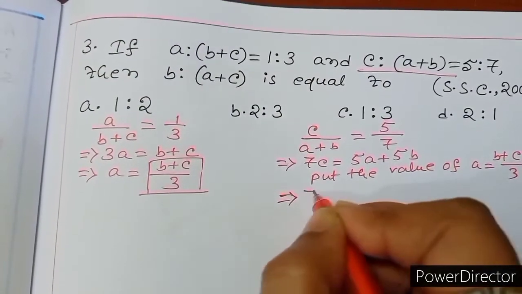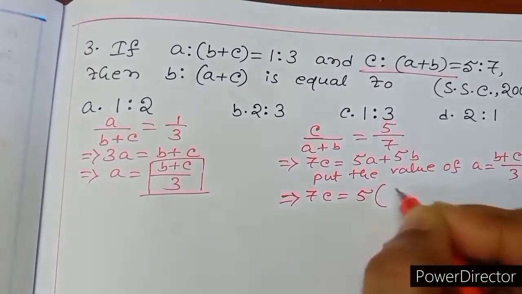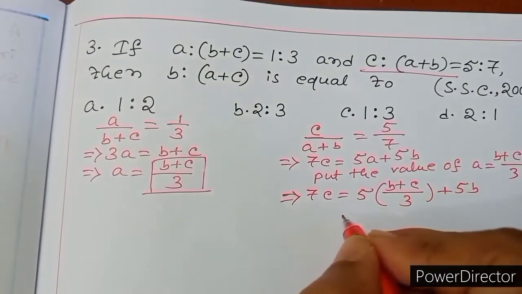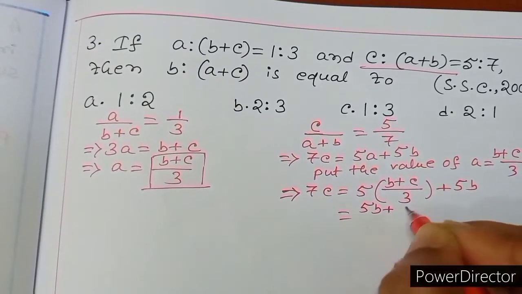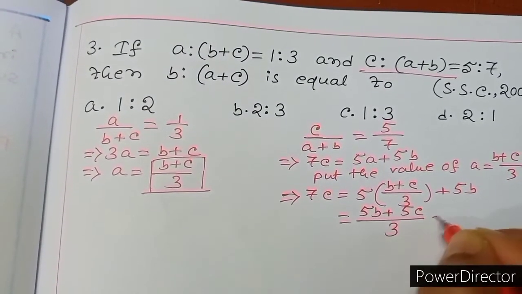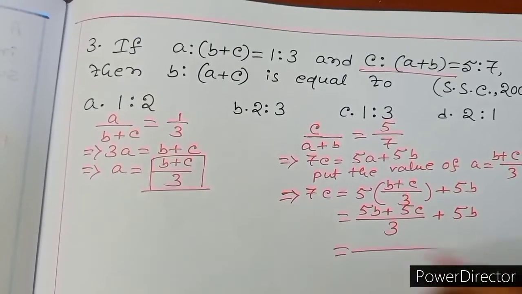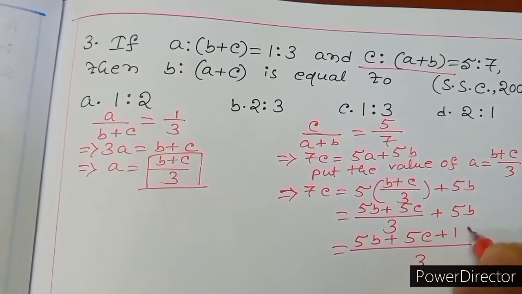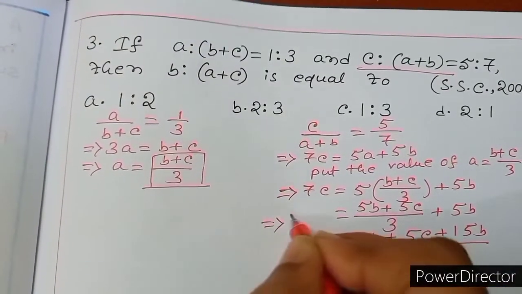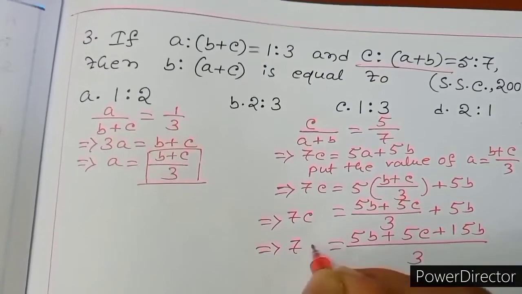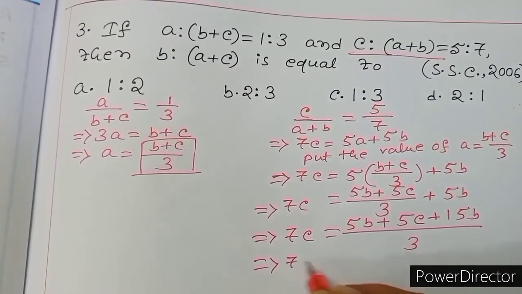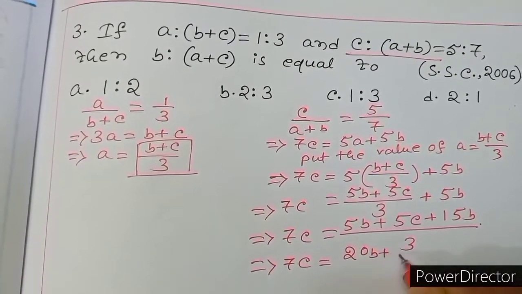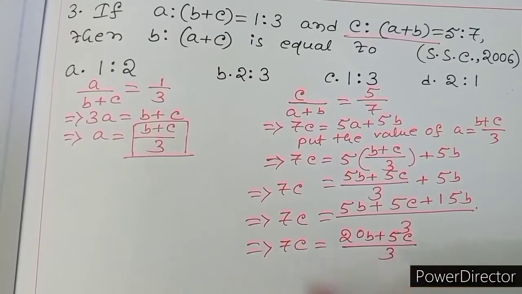We get 5 times B plus C by 3, plus 5B, plus 5C. Five B plus 15B is 20B, plus 5C by 3.